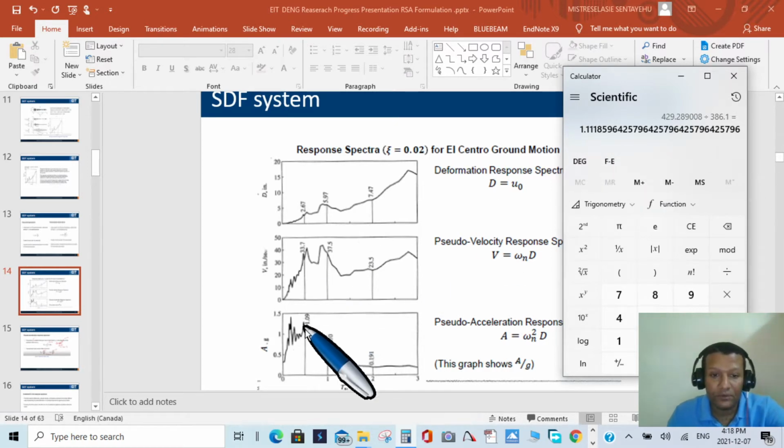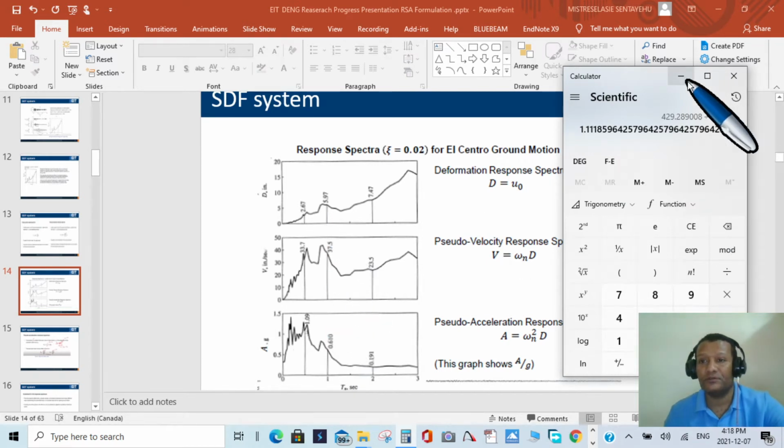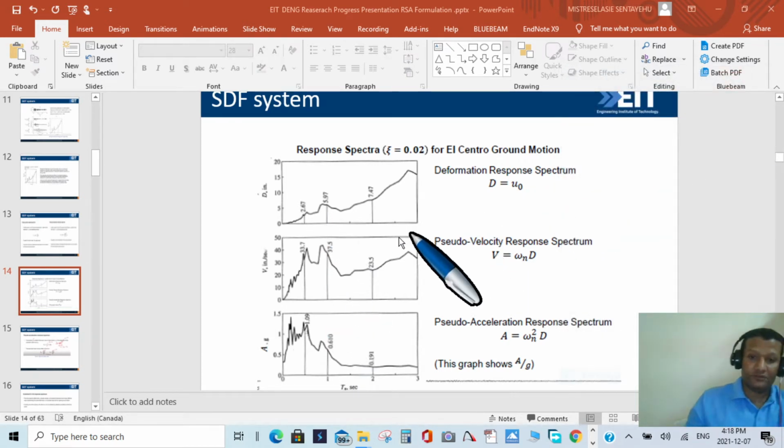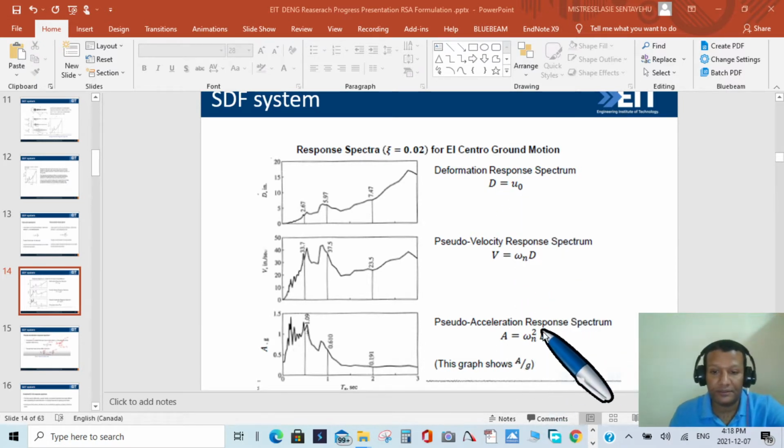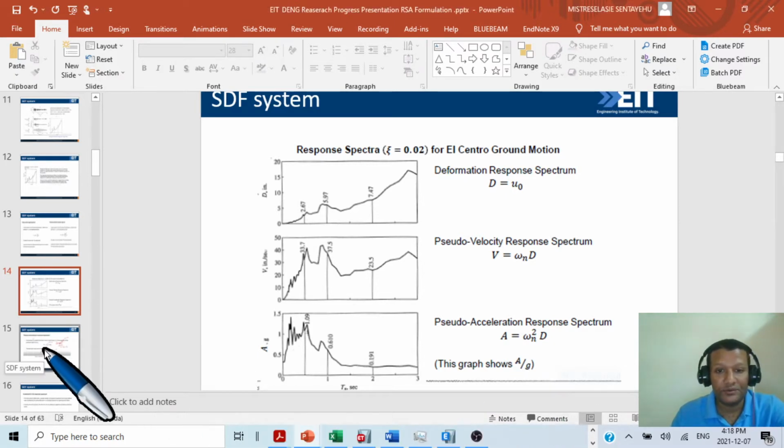So this is how we change from here to here. This is for the sake of demonstration. So we have D, then we have omega squared, and that's why this one is over g. Let's continue now.